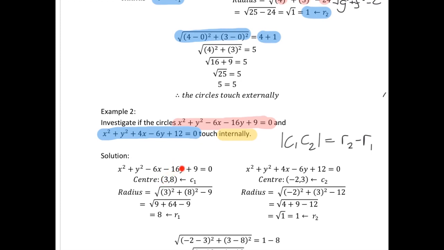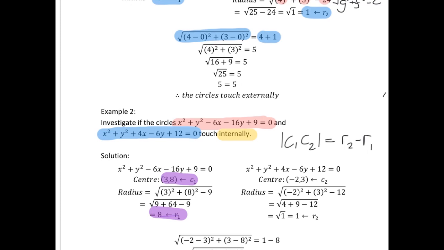Take the number in front of y, divide it by 2, change the sign, we get 8, so our center is 3, 8, and we'll call that C1. We get our radius using the square root of g squared plus f squared minus c. Our c is 9. So when we work out this square root, we get R1 being 8.